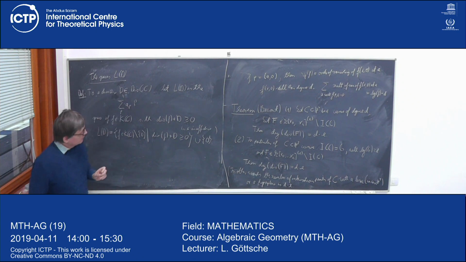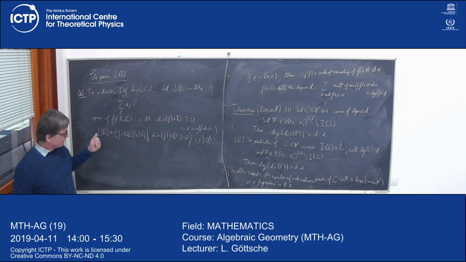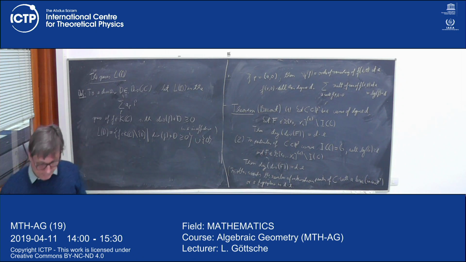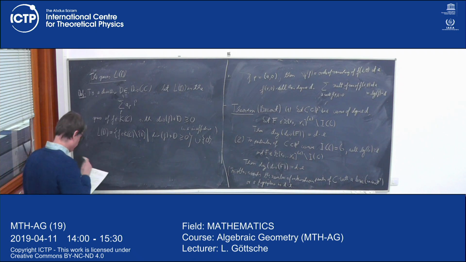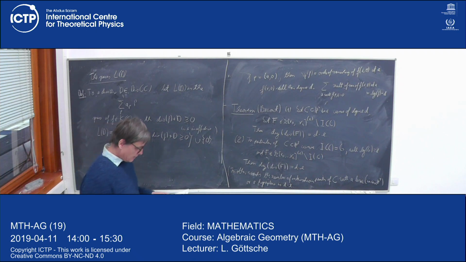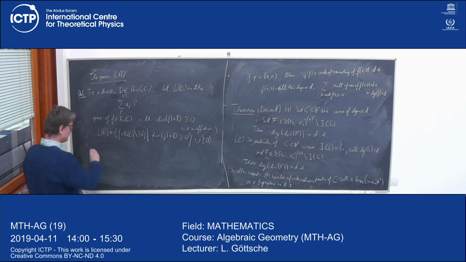So in other words, we prescribe zeros and allow poles by using this D. Note this L of D is a k-vector space.